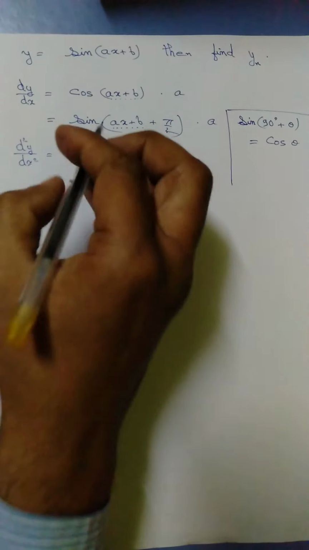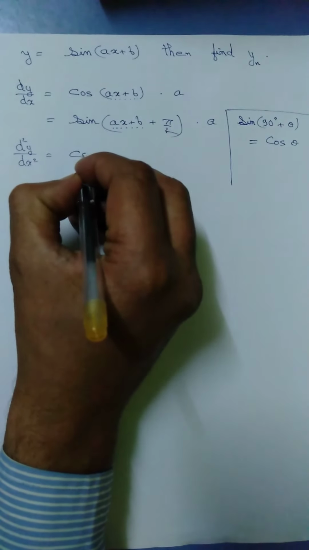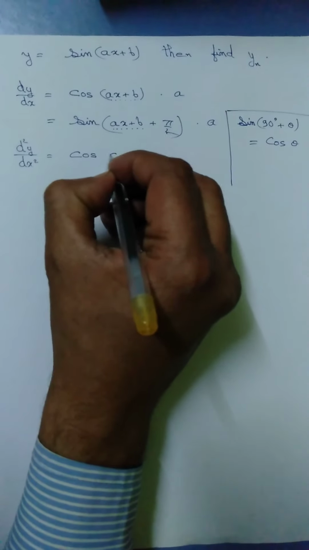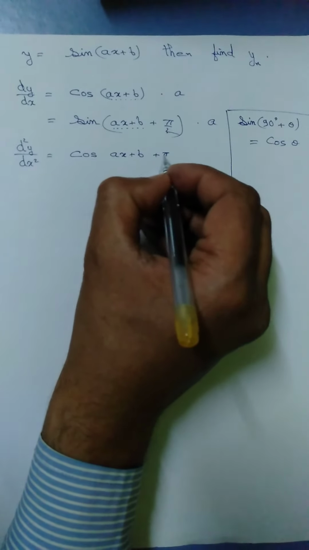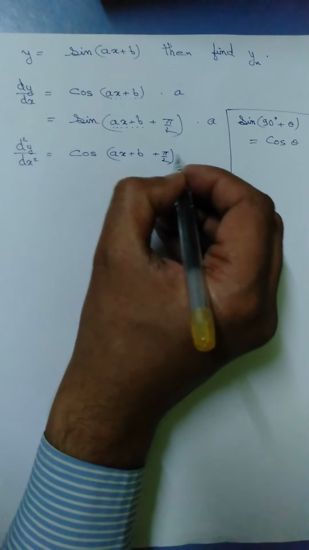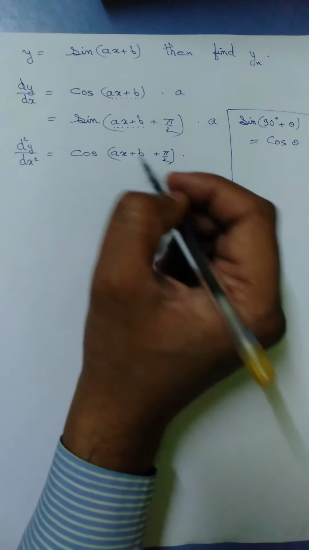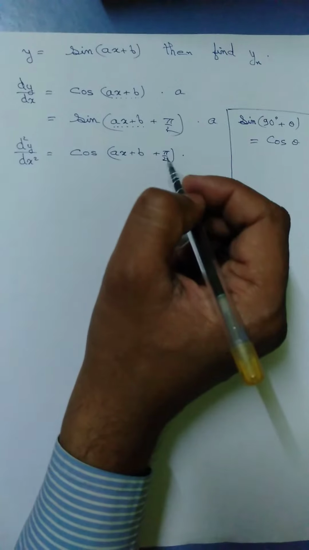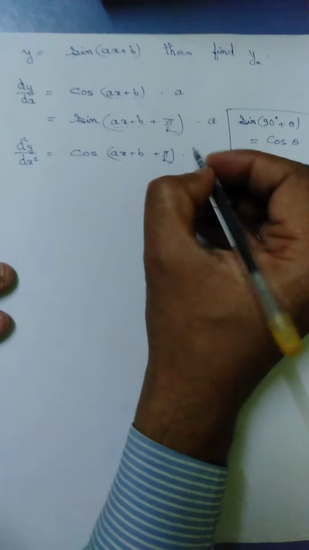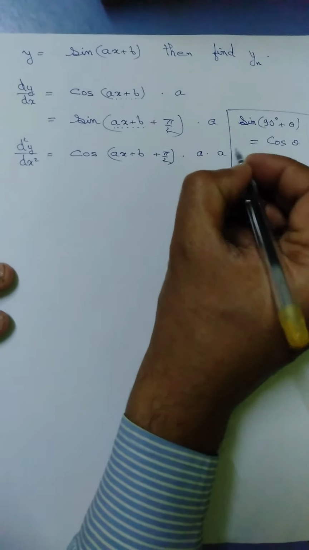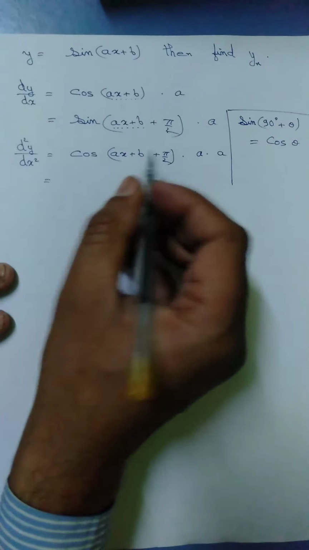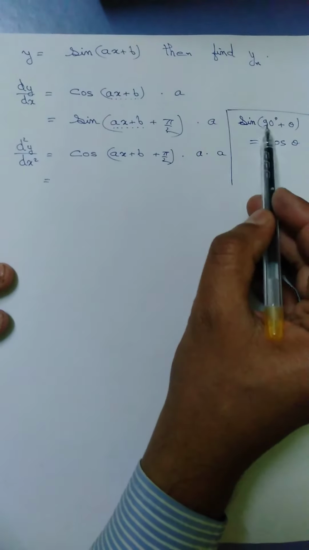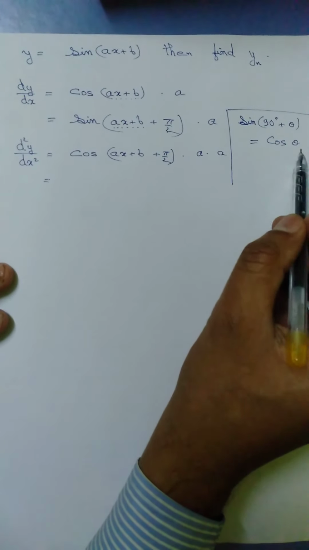Derivative of sine is cos, and the derivative of ax plus b plus pi by 2 is just a. So that can again be written in terms of sine. Sine of 90 degrees plus theta is cos theta.